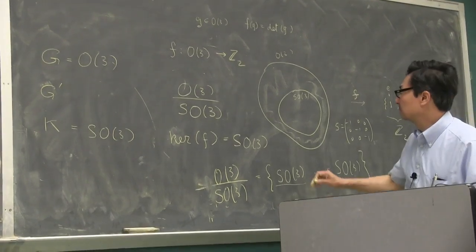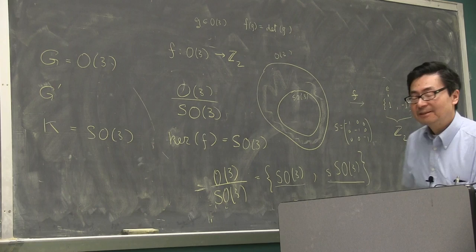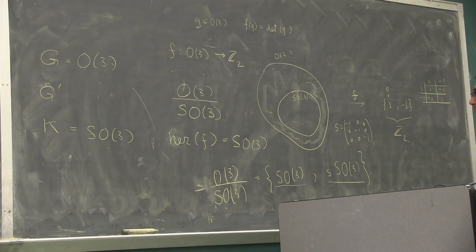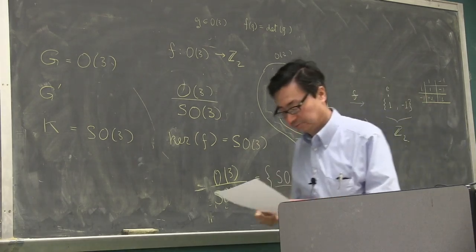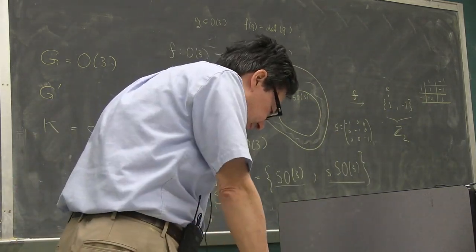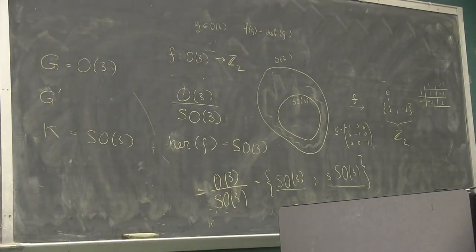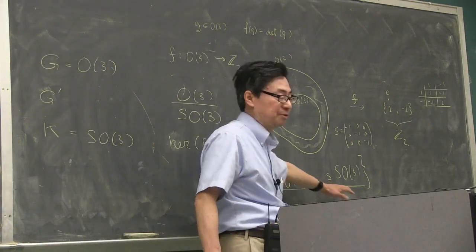You can show that this is the homomorphism, because of this relationship, and that this corresponds to +1 and this corresponds to -1.